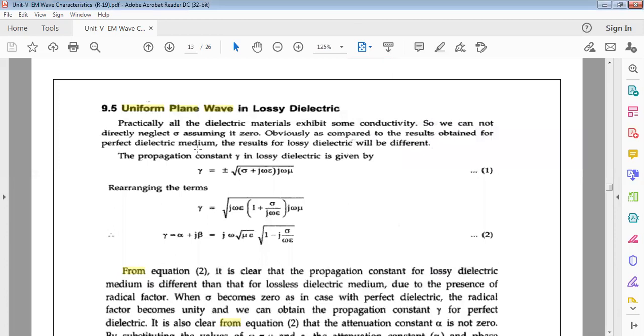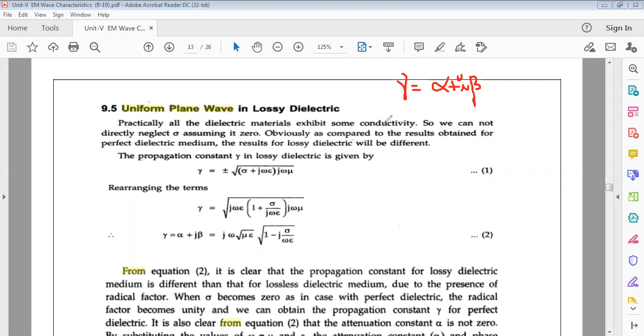Before going to the uniform plane wave in the lossy dielectric, recall some formulas. Gamma is equal to alpha plus j beta, where beta is the phase constant and alpha is the attenuation constant. The phase constant is the imaginary coefficient and the attenuation constant is the real term.